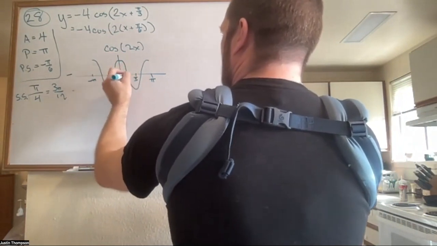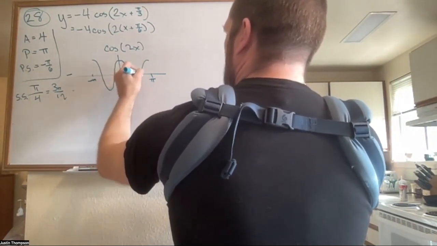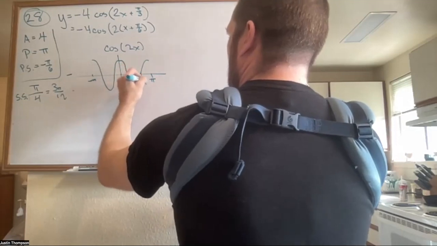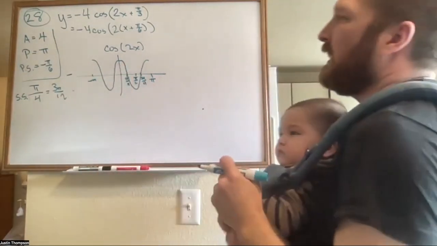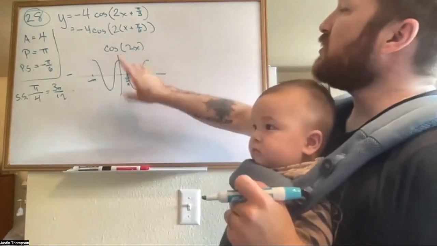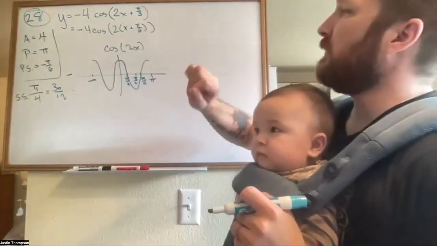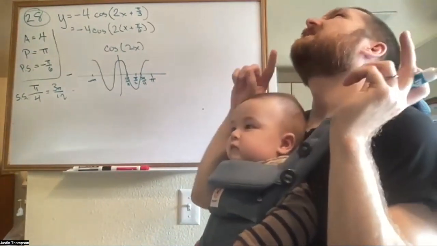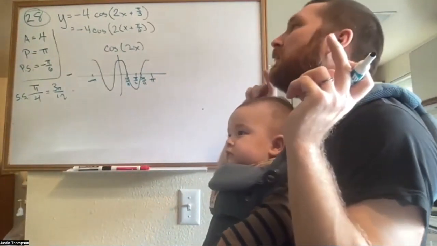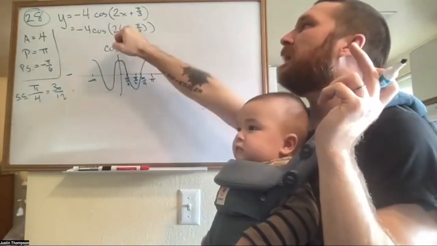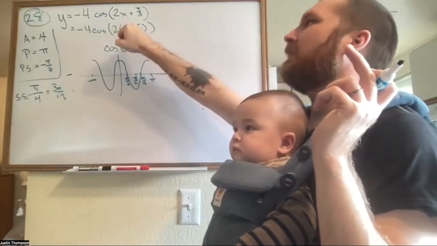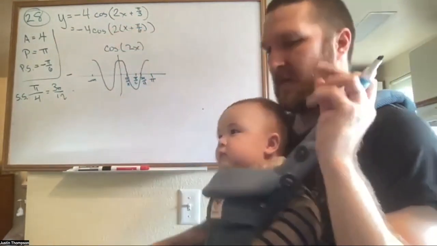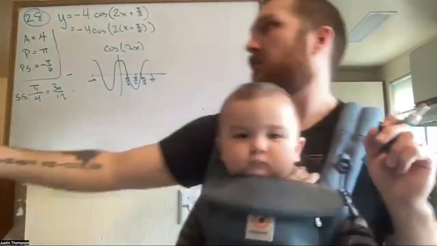This is pi over 2. 3 pi over 4, and so on and so forth. And now we're just taking that and shifting it which direction by how much? Left by pi over 6. Left. Oh, wait, no. Left by pi over 6. Yes. Okay, Pete, I got you.